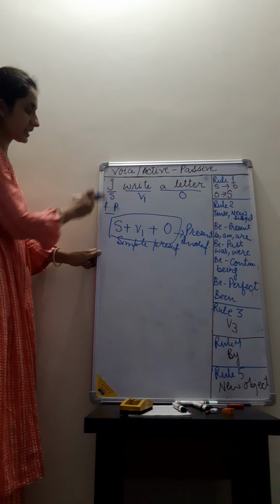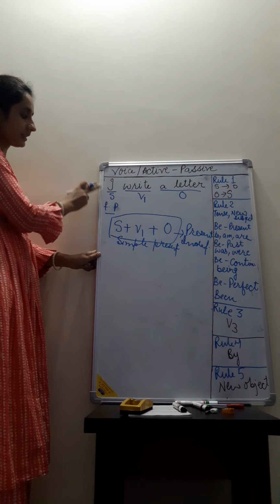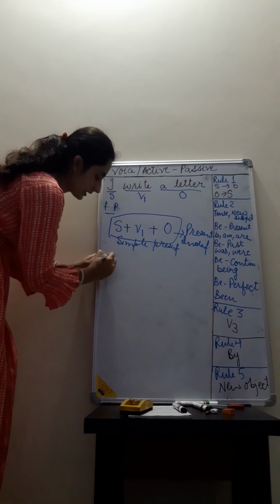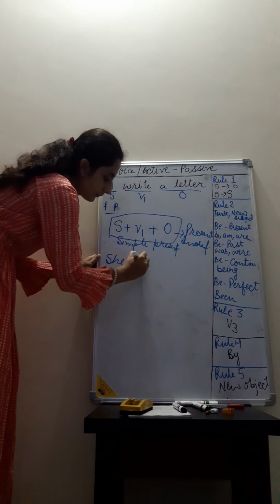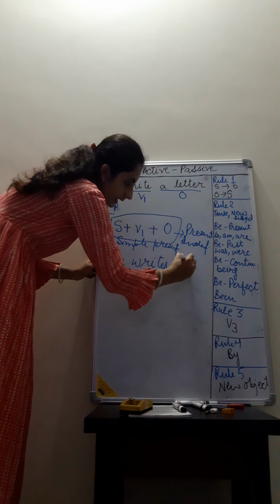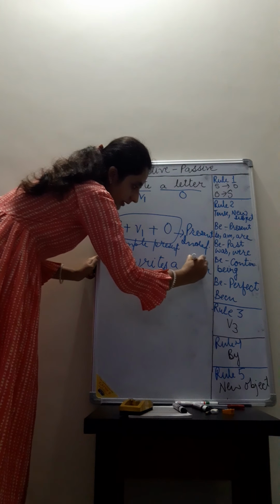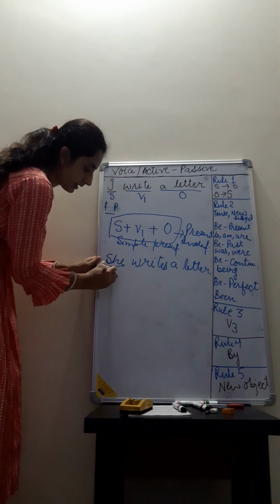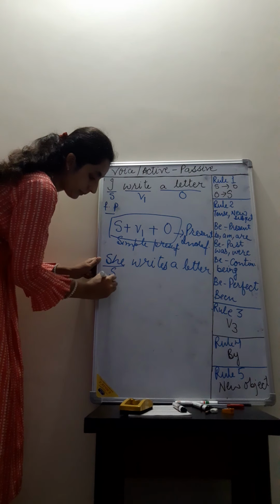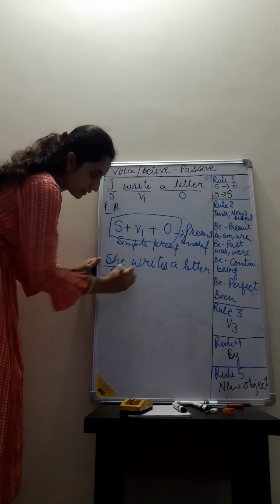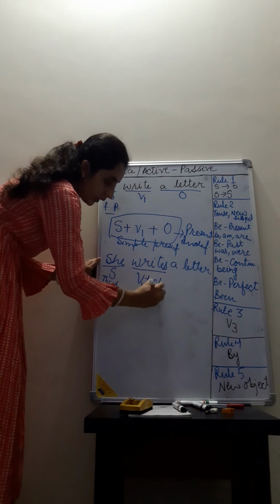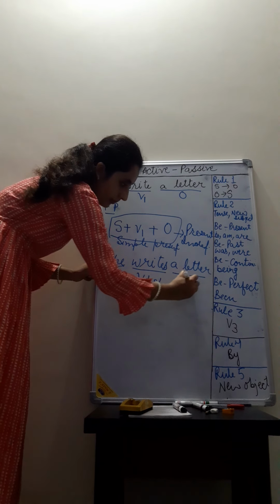If I change the subject I to she, the sentence will change to she writes a letter. She is the subject, and which person? Third person. So writes, verb plus s or es plus object.